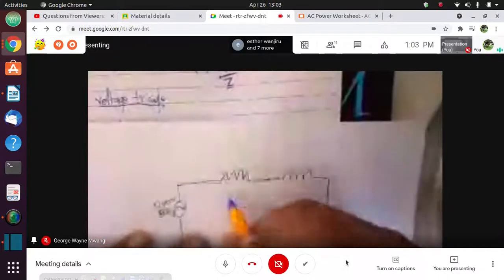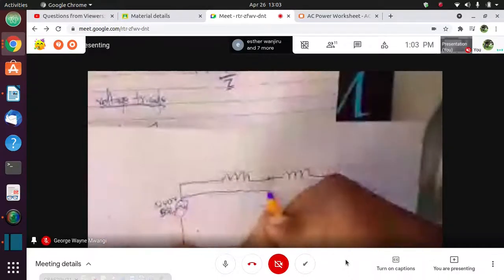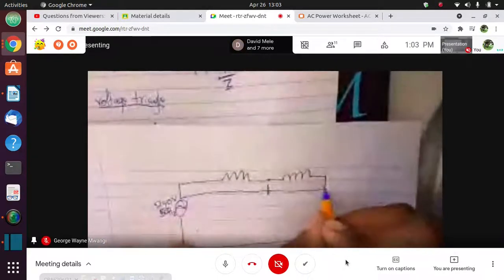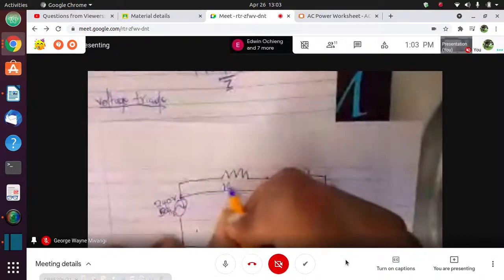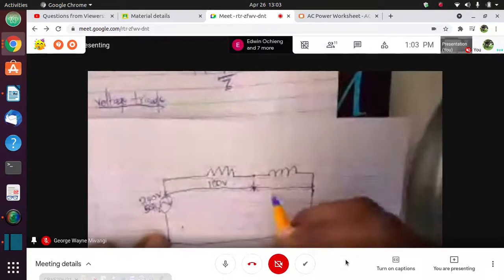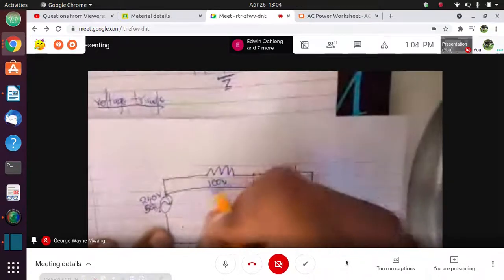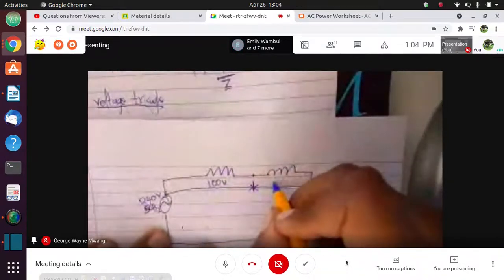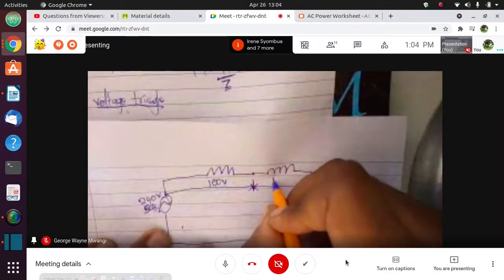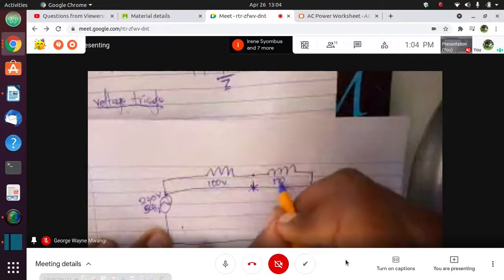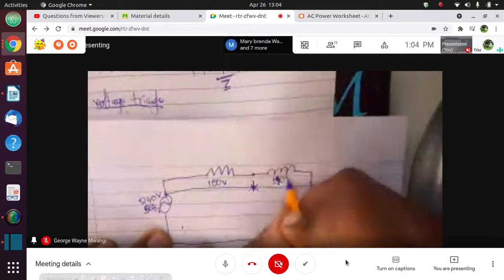Okay, now then the voltage drop across the resistor, let's say, is 100 volts, and the voltage drop across the inductor is, let's say, how much? 120. No, or 140. It is 140 volts.